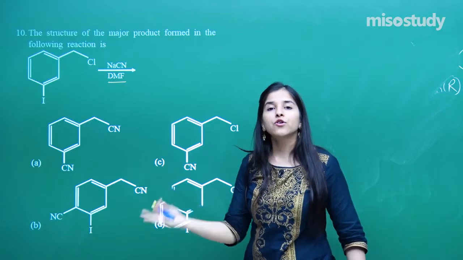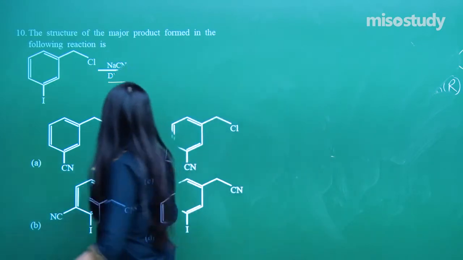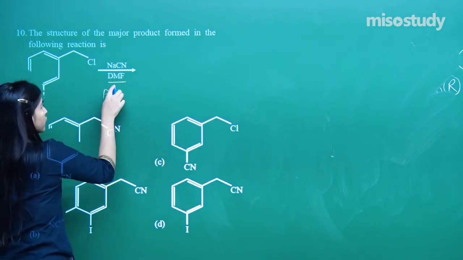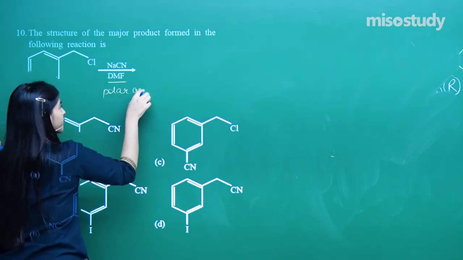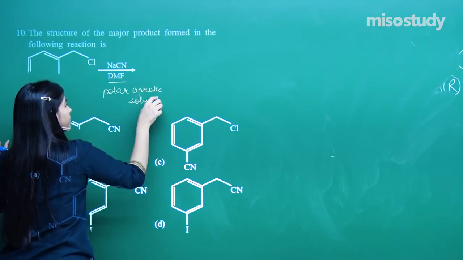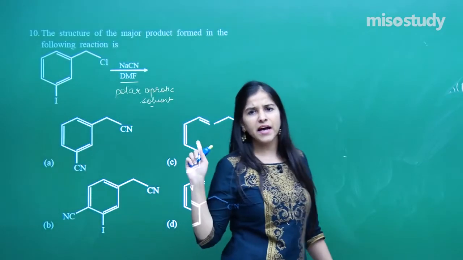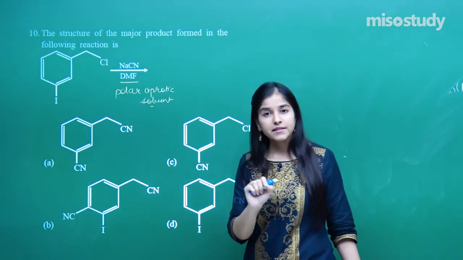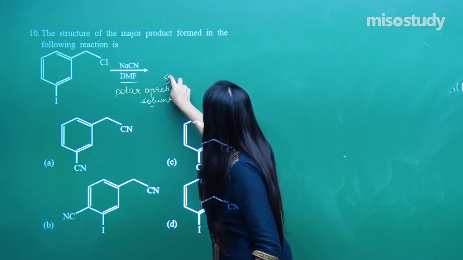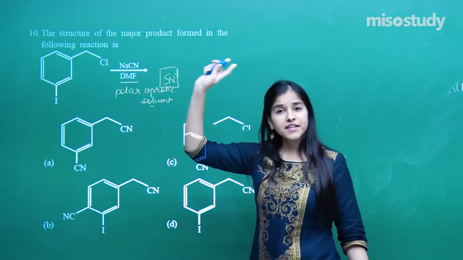Is it polar protic or polar aprotic? It is nothing but a polar aprotic solvent. That means this very reaction will follow SN2. We have observed that from the reagent itself.